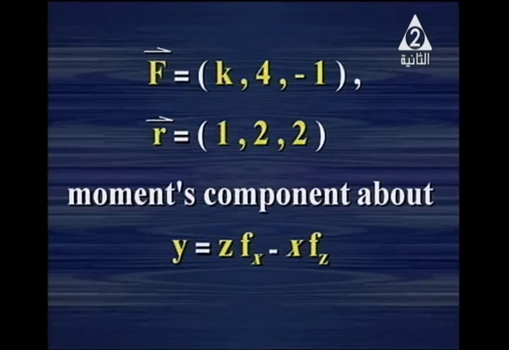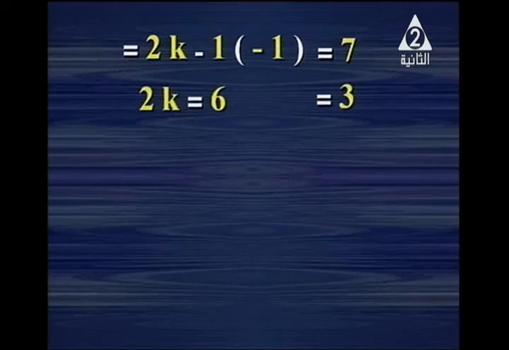By substitution, 2k minus 1 times negative 1 equals 7. In this case, 2k equals 6. Therefore, k equals 3.